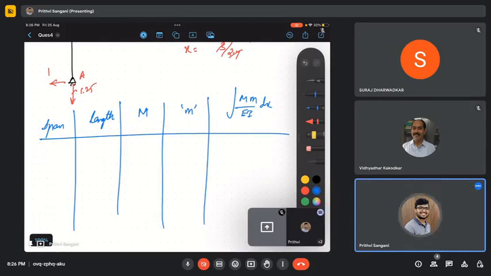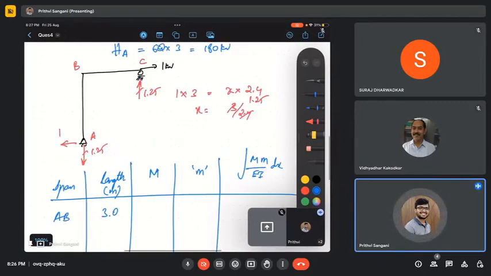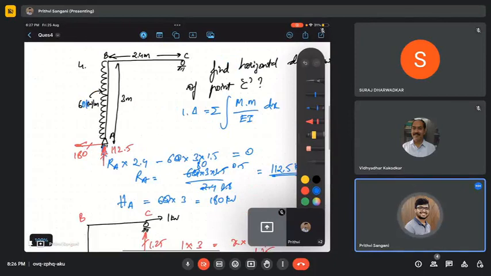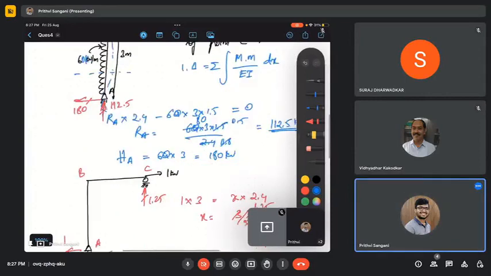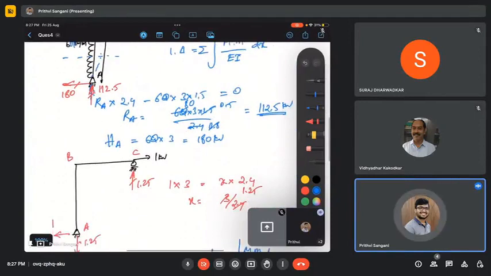So let us take first the first span, AB. For AB, length is 3.0 meters. So what is M? How do I take M? 180 into x is sagging, and this is hogging.